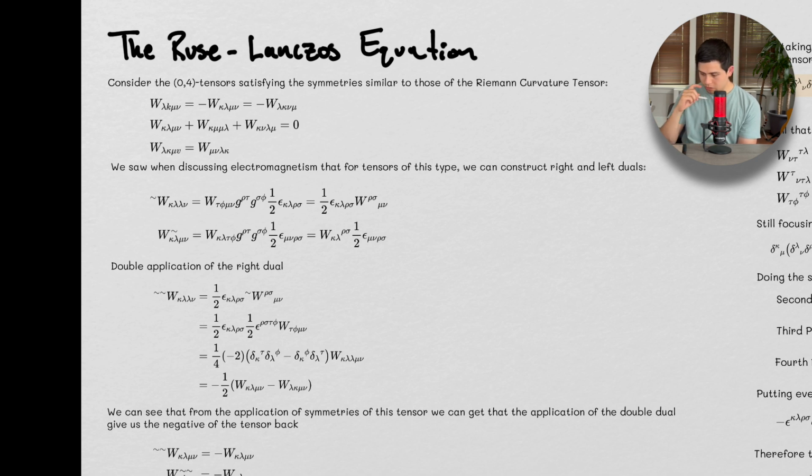So we have our right dual and our left dual, and we can calculate these with the Levi-Civita symbol. We can also raise a few indices with our metrics, and when we do that, we get these two here. This is the left dual, and this is the right dual.